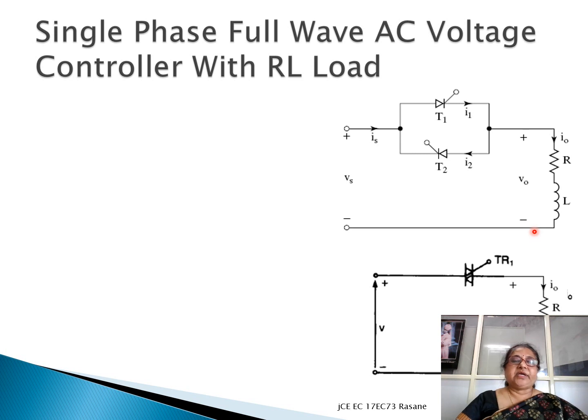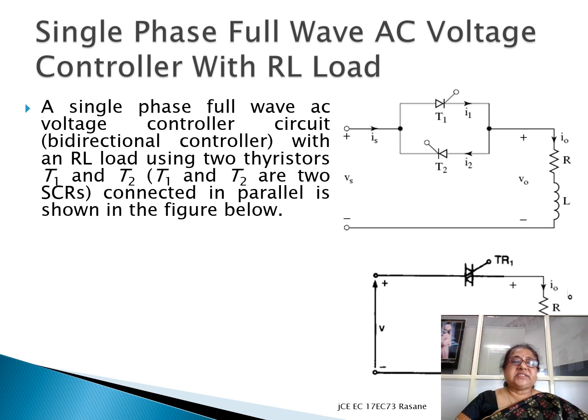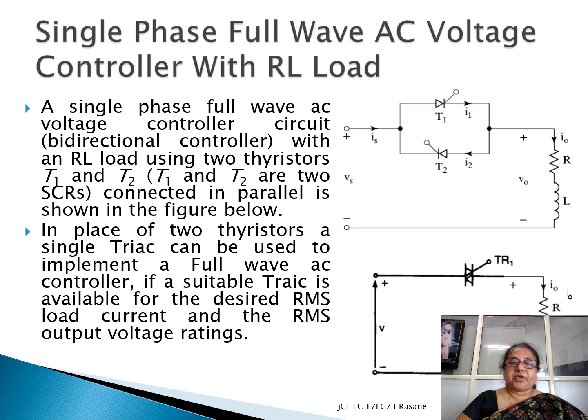side. So a single phase full wave AC voltage controller, also called a bidirectional controller with an RL load, is used in this case with two thyristors T1 and T2 connected in anti-parallel as shown in this particular figure. In place of two thyristors, I can replace them with a single triac.